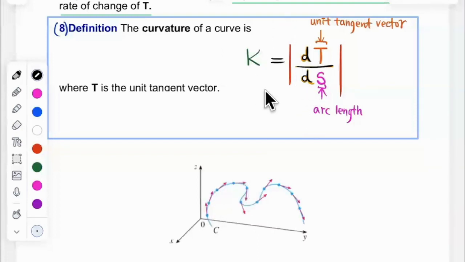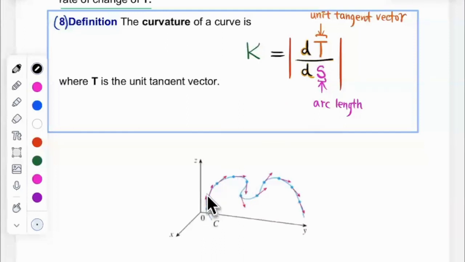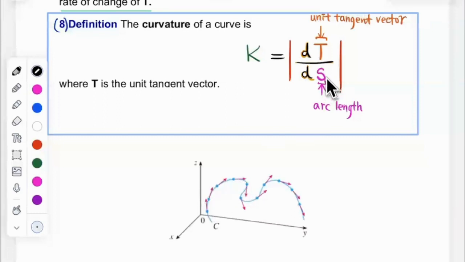So look at this curve. Let's try to understand curvature by looking at this curve here. You see, those points on this curve are evenly spaced. And between them, the arc length will be, let's just say, 1 for each one of them. And then here are the unit tangent vectors, and all of them have length 1.